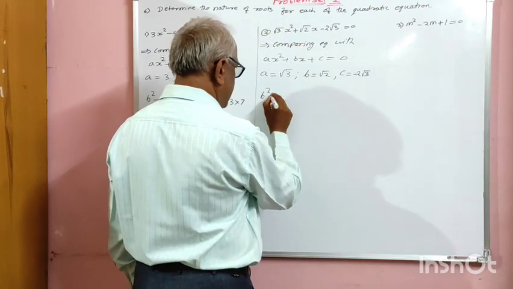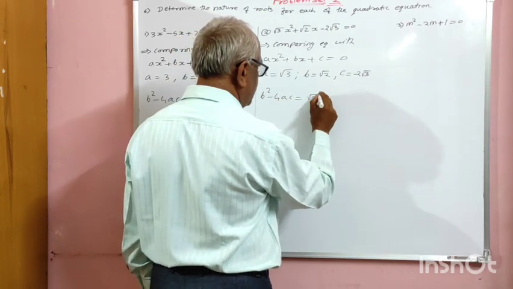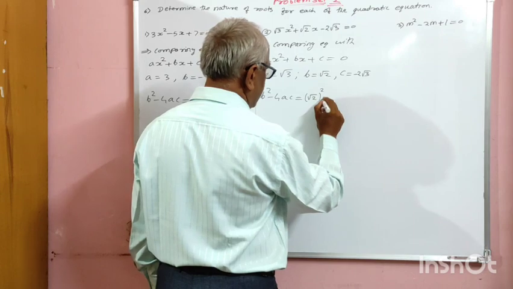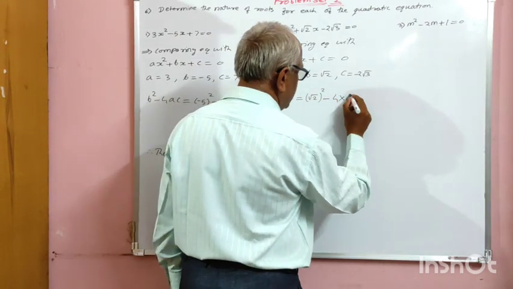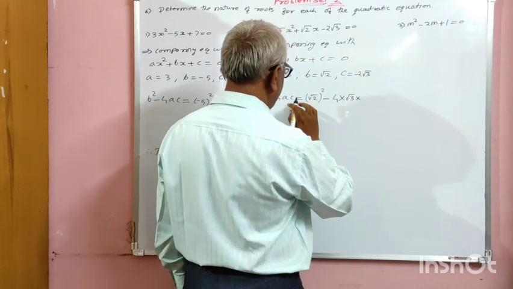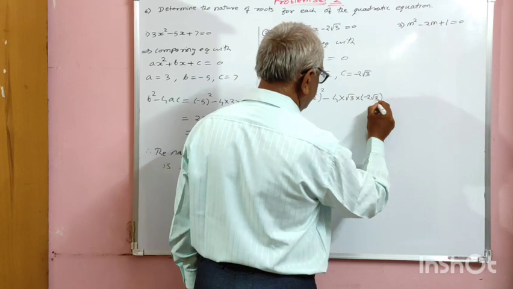Now b square minus 4ac, which is equal to value of b is under root 2, bracket square, minus 4 into a is root 3 into c is minus 2 under root 3.